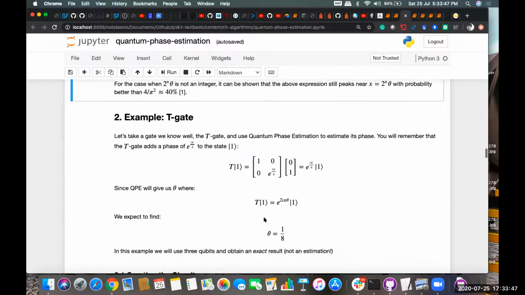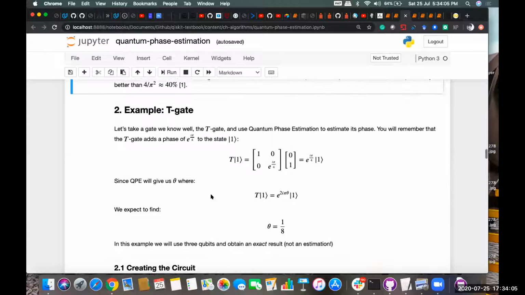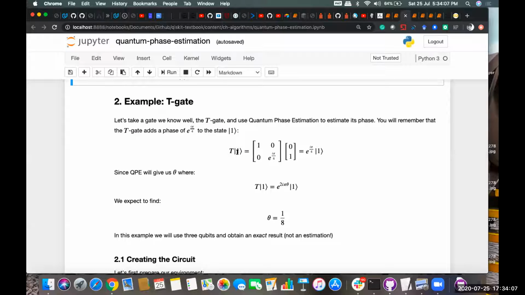Okay, so here we are taking the example of the T gate. I have already covered the T gate while covering the different types of gates in the previous lecture. We know the phase of the T gate is given by e to the power i pi divided by 4 applied to the state 1. The matrix representation of the T gate will be 1 0 0 e to the power i pi divided by 4, with the product with the ket 0 1.